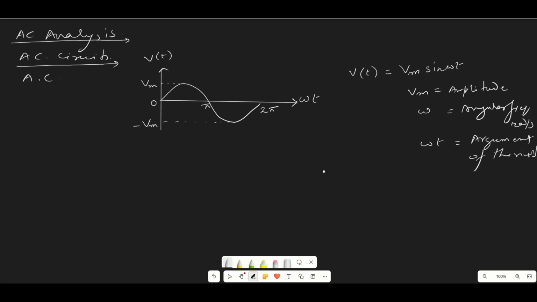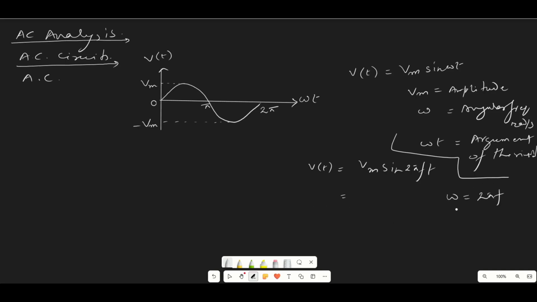Now this v(t) can also be written as Vm sine of 2 pi f t, where omega is represented by 2 pi f. As we already know, omega is given by 2 pi f.